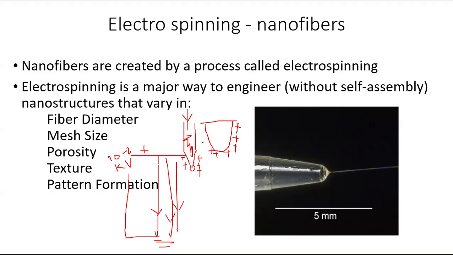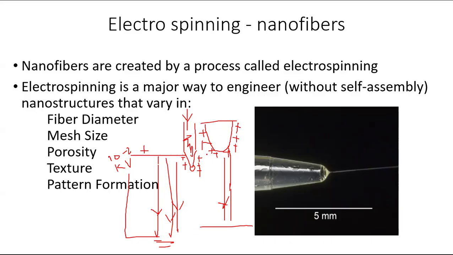With a positive surface charge and an electric field from the positive to zero, what happens? The polymer solution tends to be extended through this electric field towards the ground plane.